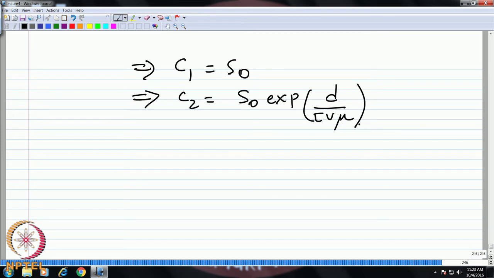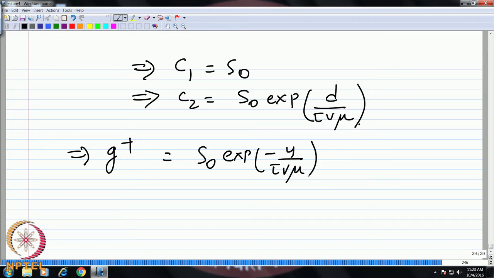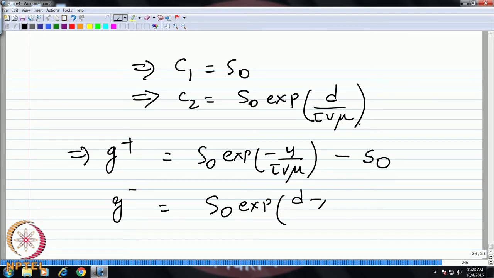Therefore, if you substitute this, in terms of G plus will become S naught into exponential minus y by tau v mu minus S naught, okay, and we have G minus which will be S naught exponential d minus y by tau v mu minus S naught.